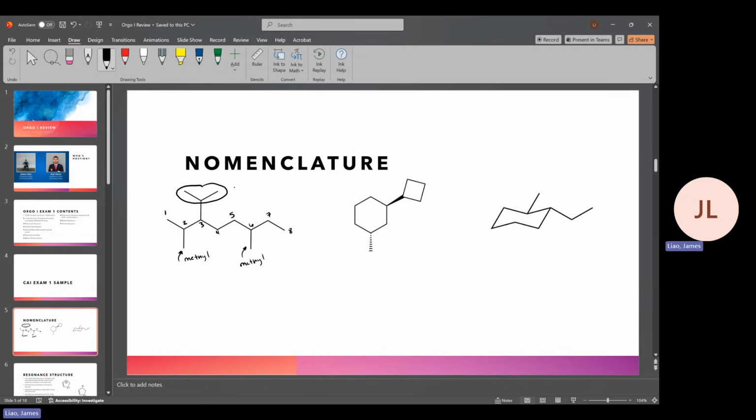So we can name this as isopropyl, or we can name it in its IUPAC name, which is methylethyl. So I'm going to put this in parentheses as methylethyl. These are 2 acceptable names that you can use.